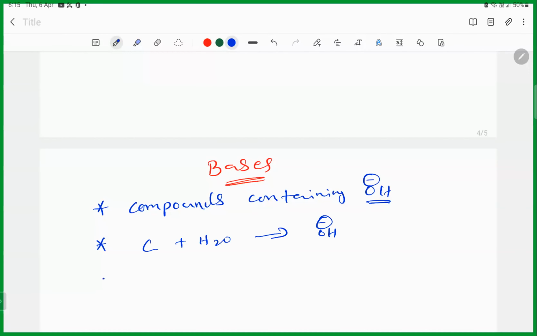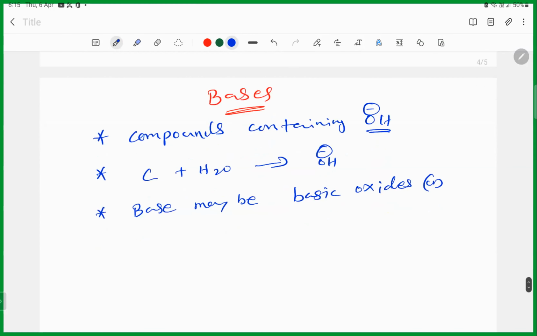So the base may be a basic oxide, or metal oxide, or metal hydroxide. Okay?